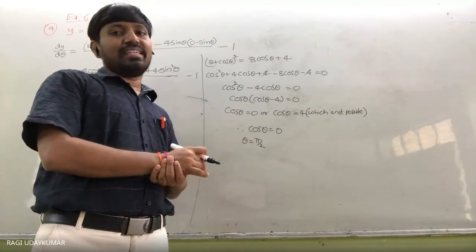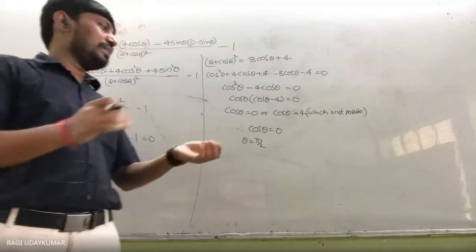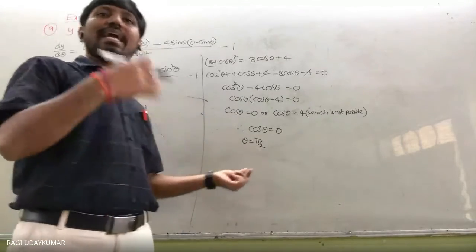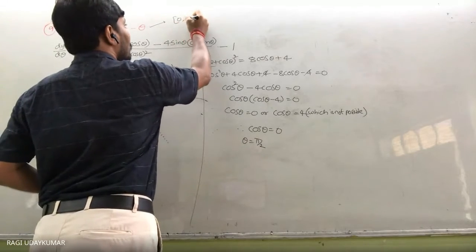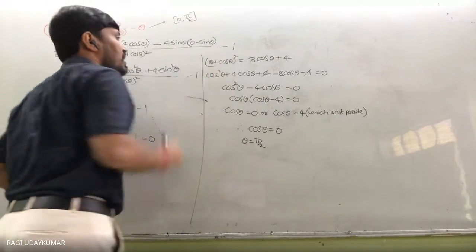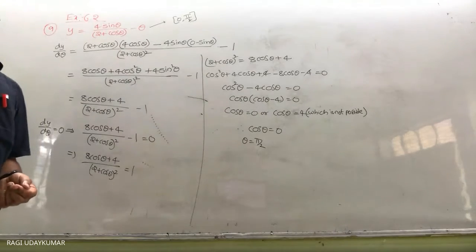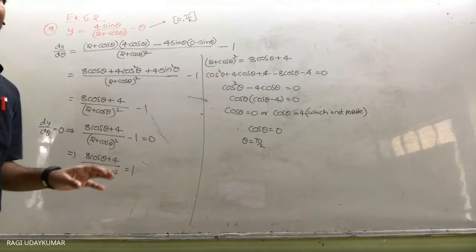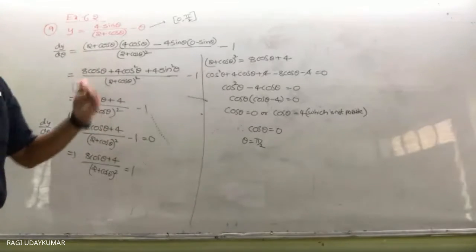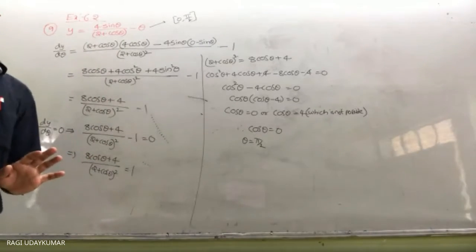So here theta equal to pi by 2 is an end point because the interval is given as closed interval 0 to pi by 2. So what you need to find out now, whether in that interval 0 to pi by 2, dy by d theta is greater than 0 or less than 0, find out करना.